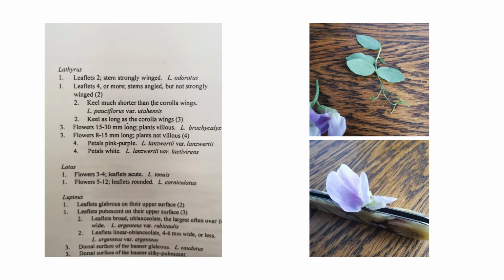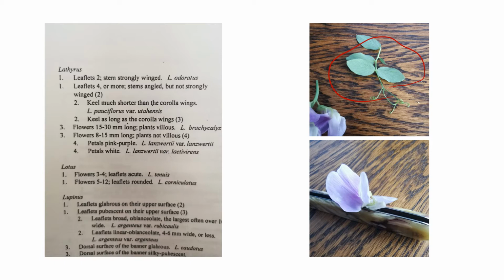We can see if there are 2 leaflets, stems strongly winged, but that's not the case because there are 4 or more leaflets. Notice here multiple leaflets, but angled stems, not strongly winged.